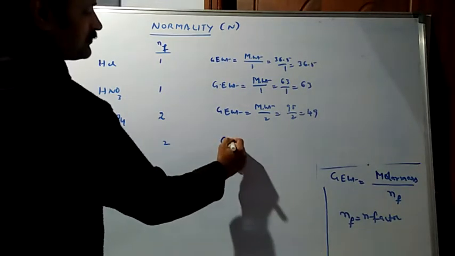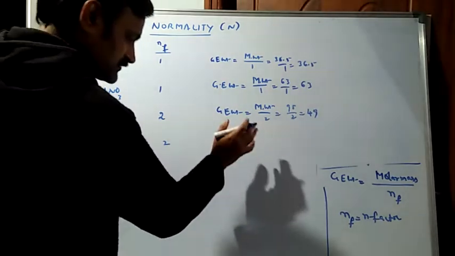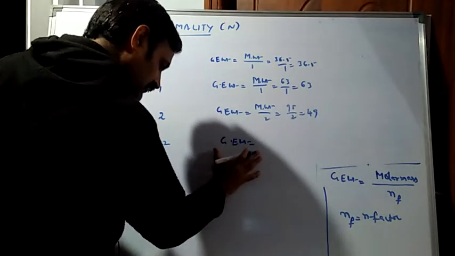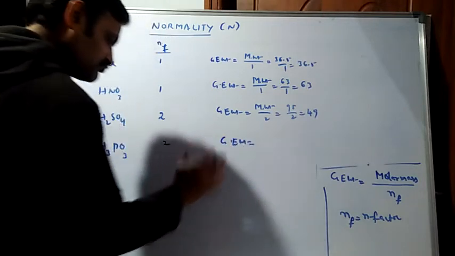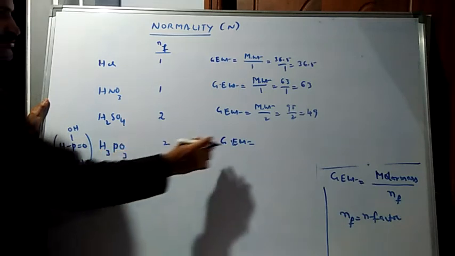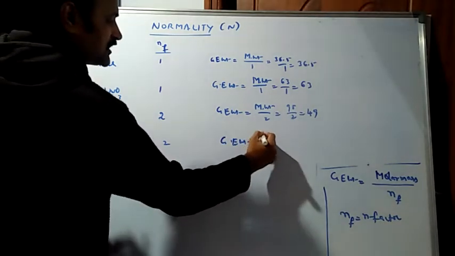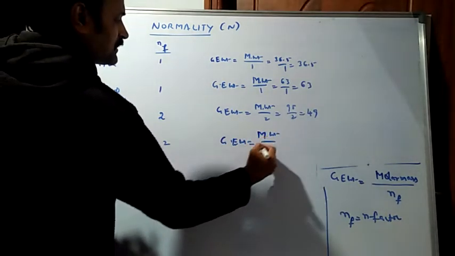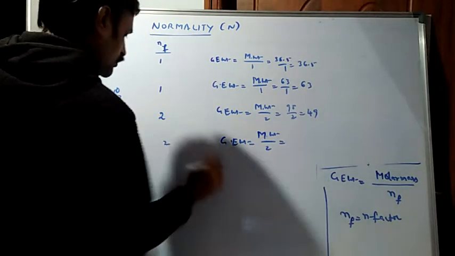So the gram equivalent weight of phosphorus acid can be calculated using the formula: GEW equals GMW, molecular weight, by 2.